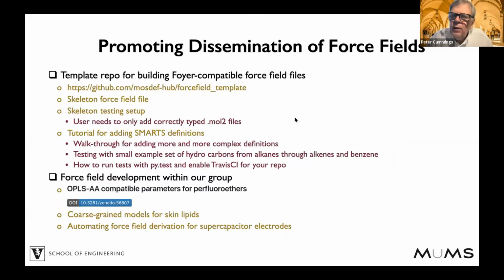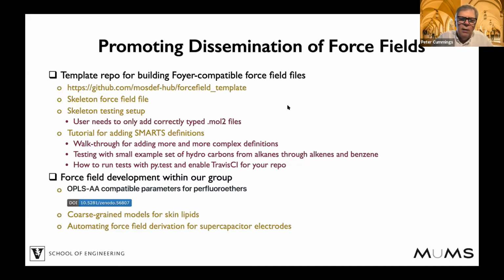It's also a great way of disseminating force fields. We've developed force fields over the years in our group, and we can disseminate them through FOIA. It means that when somebody else pulls them out of FOIA, they're going to get exactly the parameters that we defined.